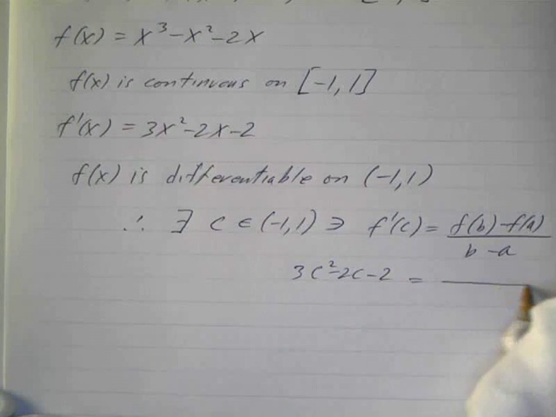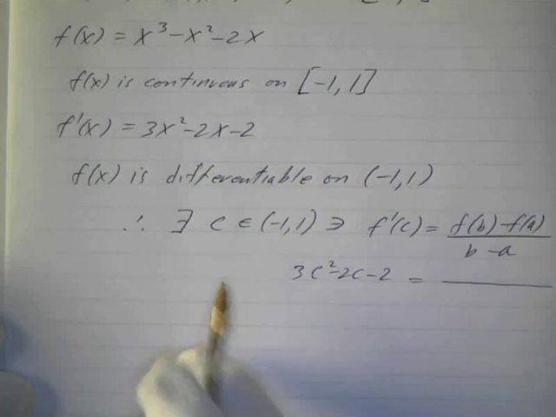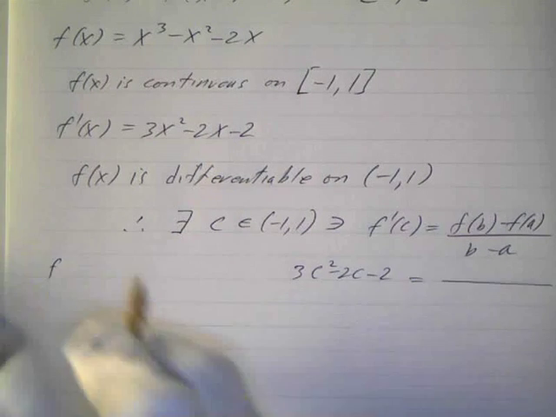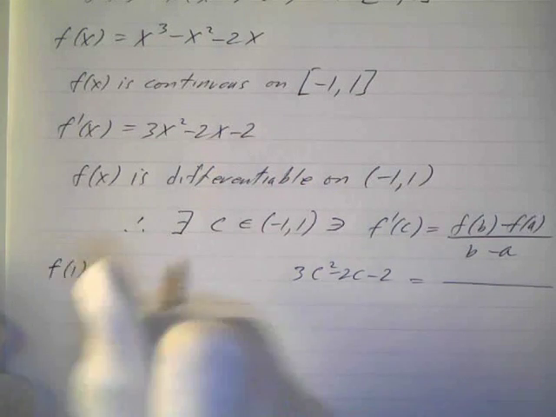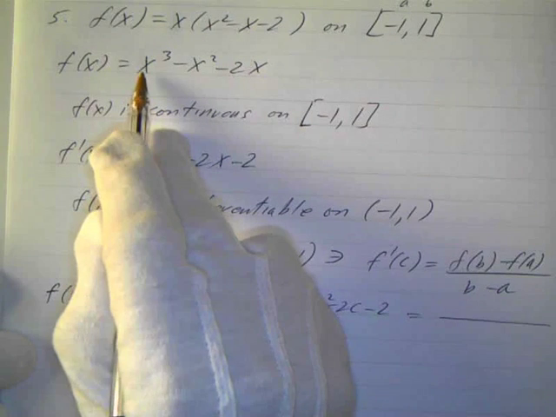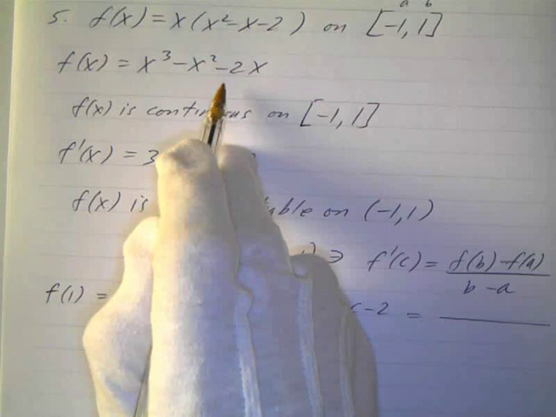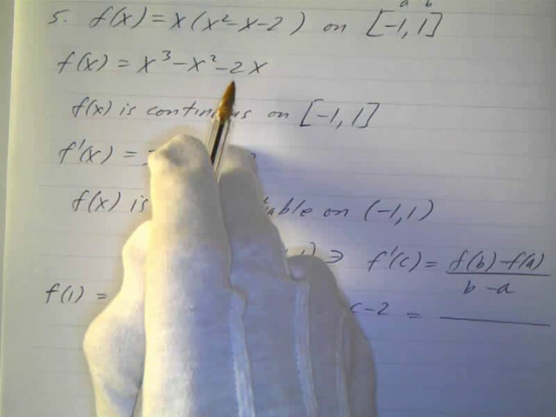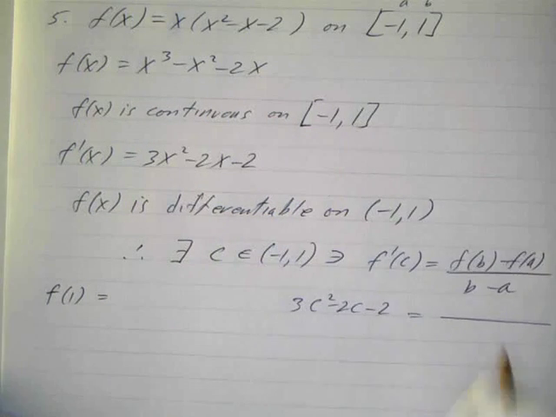And then we have to figure out what f of b is going to be, so we have to go back to our function. What's f of 1 going to be? Well, it's not too bad. If I put 1 in here, I've got 1 minus 1 is 0, minus 2, so that's going to be -2.